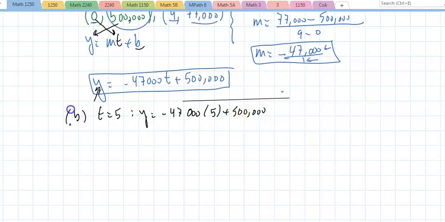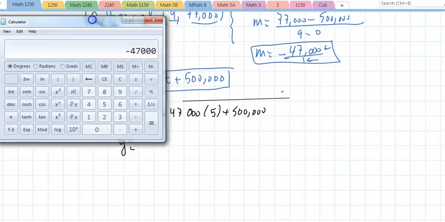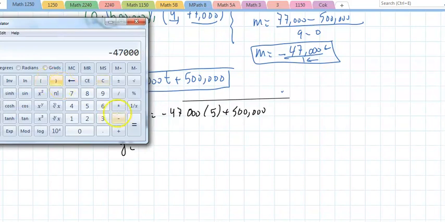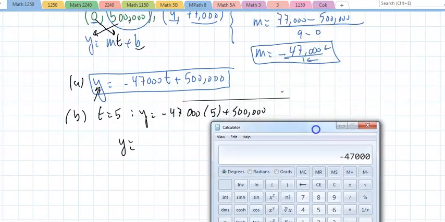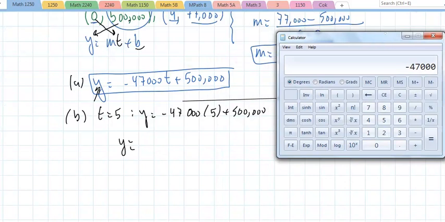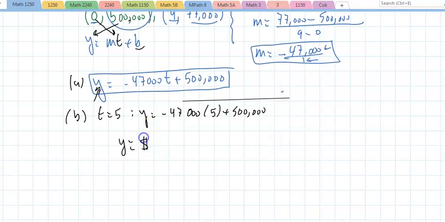This is part B. This is part A. And I'll get my calculator again. I'm looking for negative 47,000 times 5, and add to that 500,000. It's going to be worth $265,000.